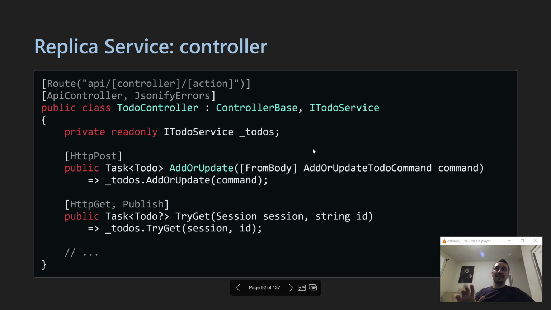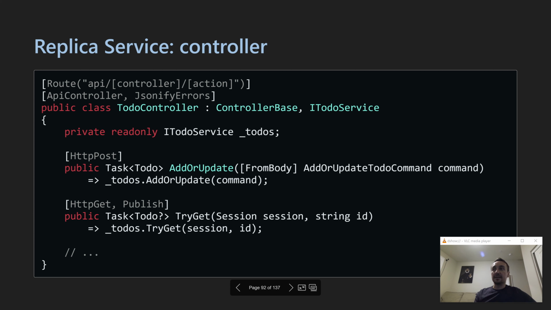And for the sake of clarity, in Fusion it really works like this. To share something over the network, one of the services like ITodoService, you can share it over the network by creating a controller. It's a regular API controller, which has a regular route and HTTP post, HTTP get, and so on attributes.